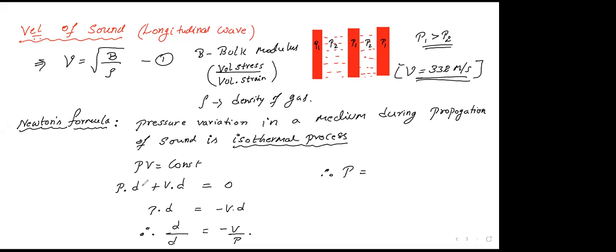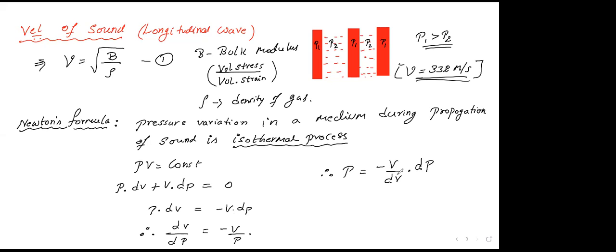So we are differentiating based on the product rule. P dV plus V dP, and here dV divided by dP will be V by P. Therefore, P will be minus V by dV into dP.